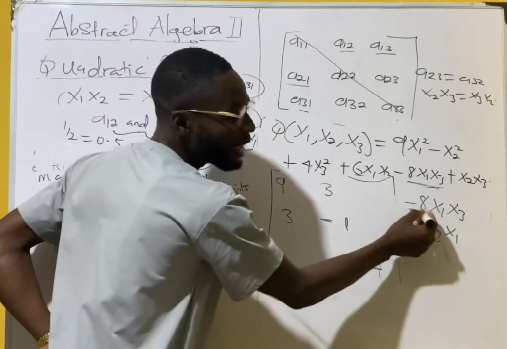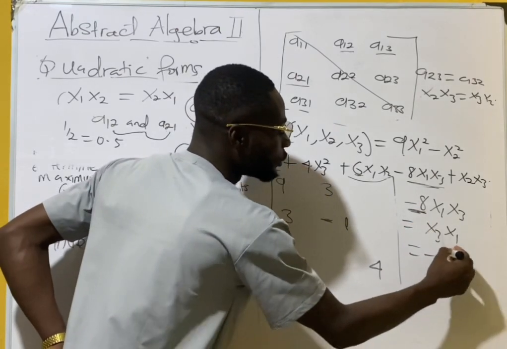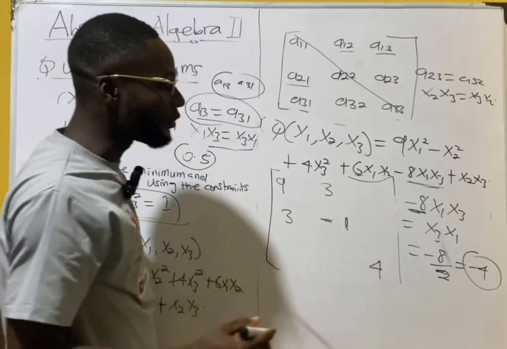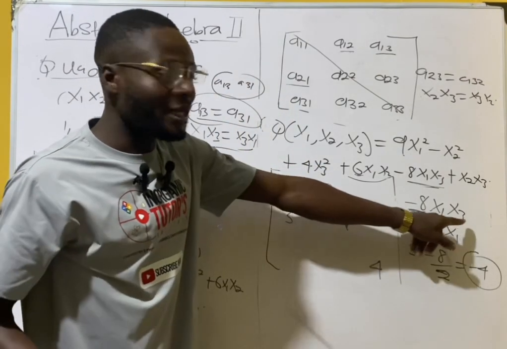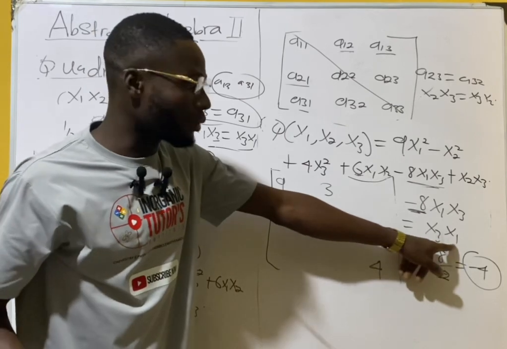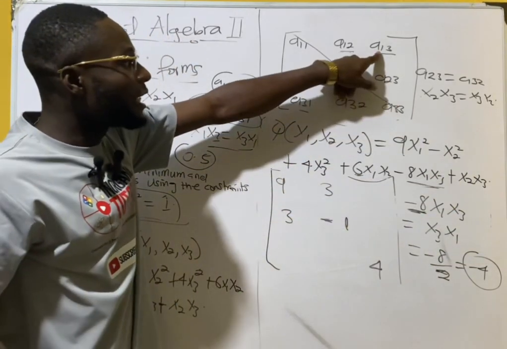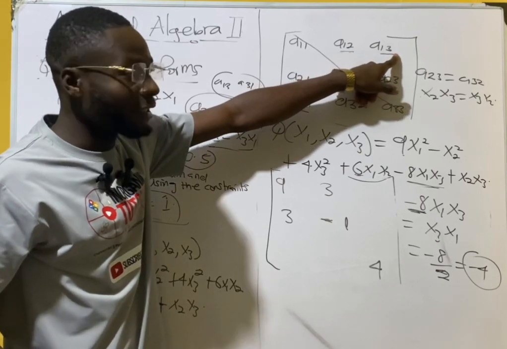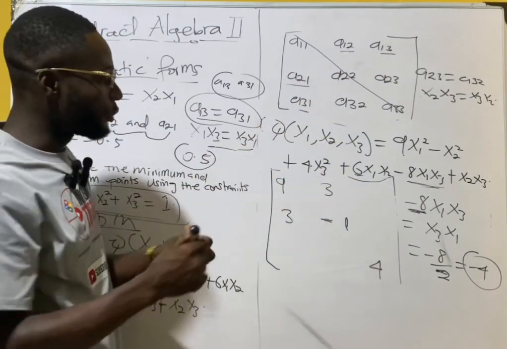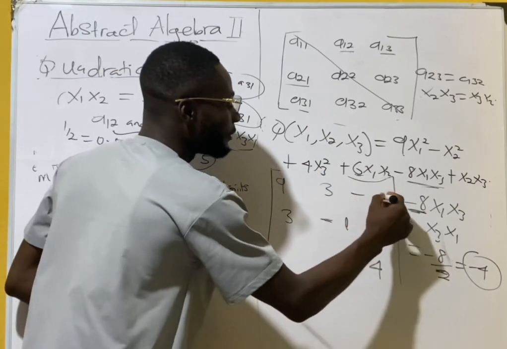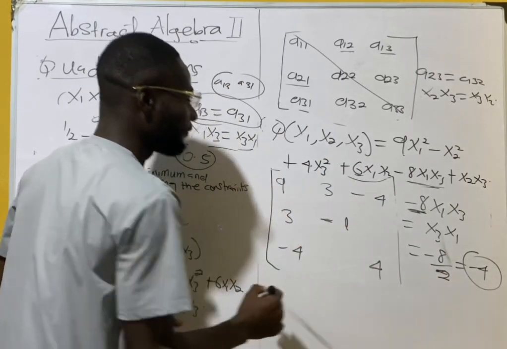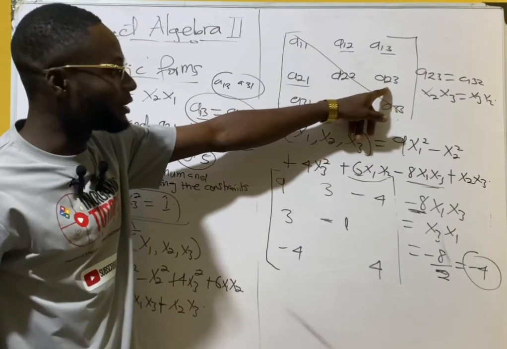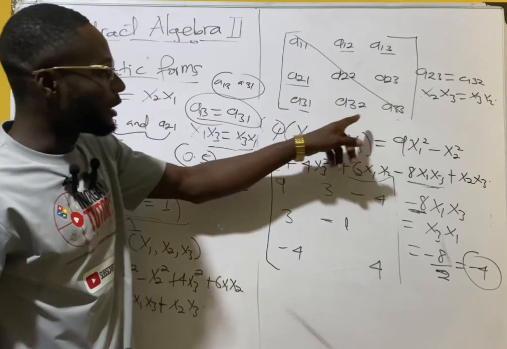So the coefficient we have here, we divide it by 2. -8 over 2 is -4. So this -4 goes for x1x3 and x3x1, which represent a13 and a31. So we have -4 and -4.